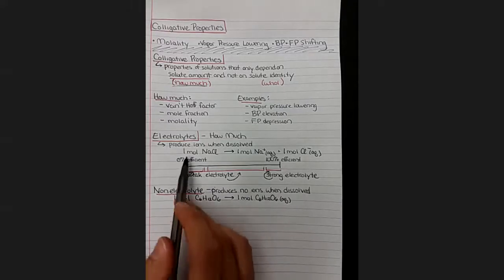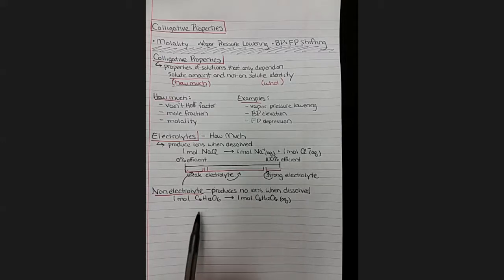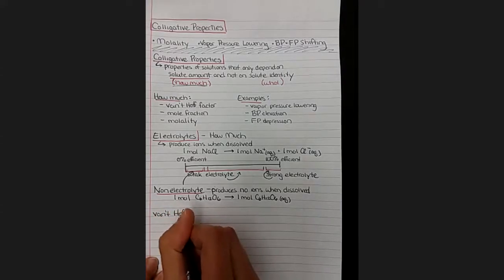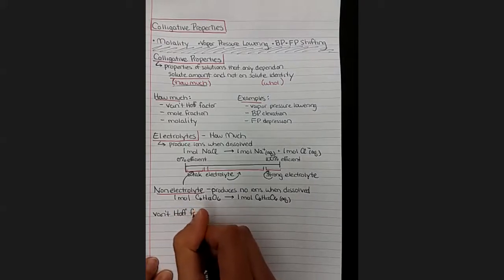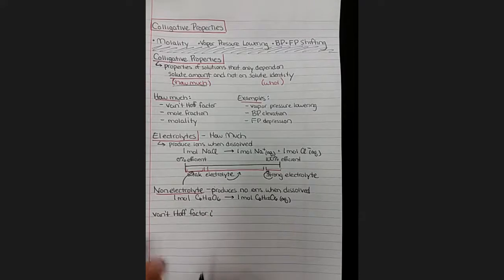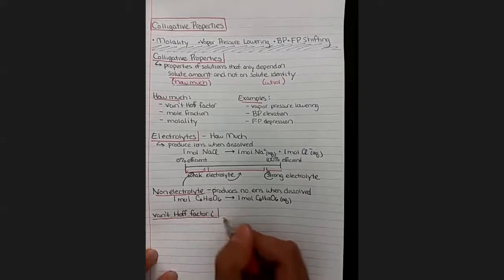Okay, and so now that we've seen that there's a difference, some things dissolve to give more pieces and some dissolve to give fewer pieces, we have a factor that we can use to describe that ionization process, and that is called the Van 't Hoff factor, and it's represented by the letter I. Probably for ion, I would guess.